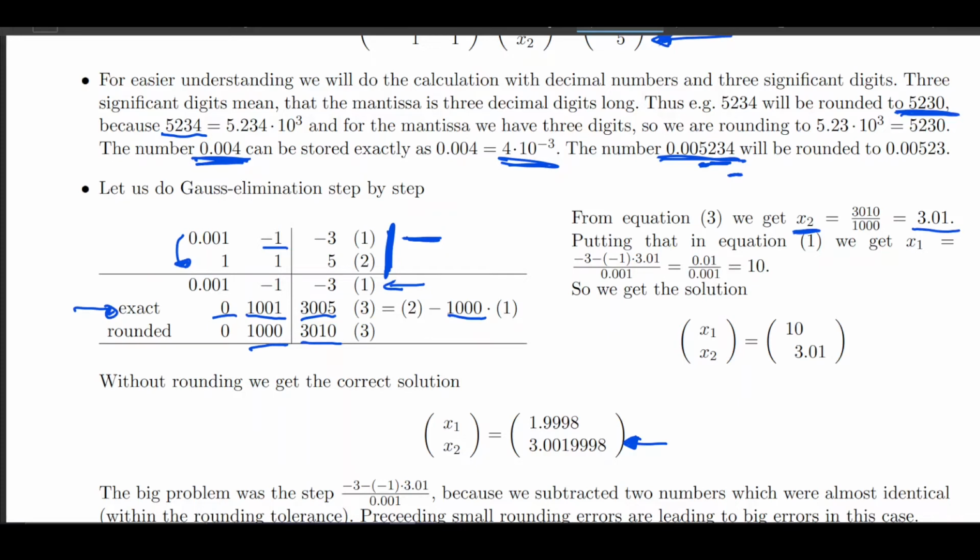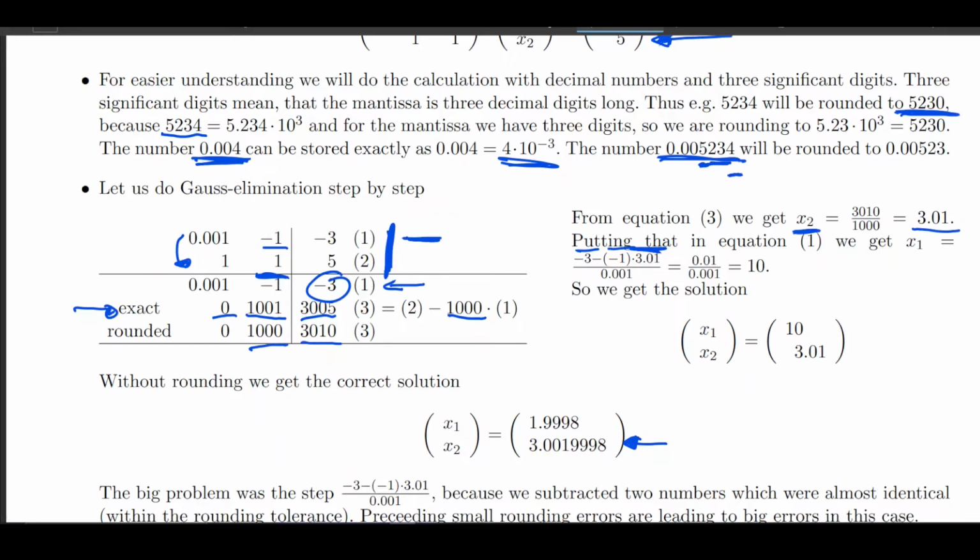But now we do back substitution, and we take the first line, we take the minus 3 from the right-hand side here, and then we subtract minus 1 times our solution for x2, which is 3.01. And then what do we see? There is minus 3 plus 3.01.